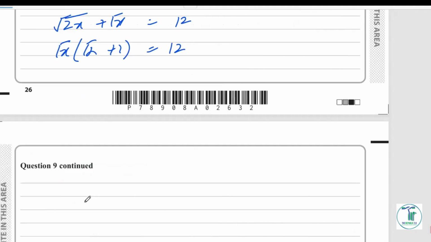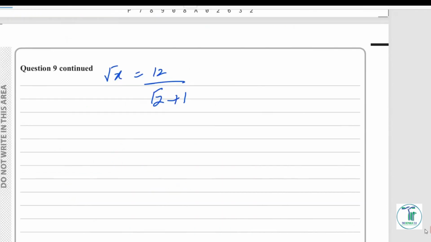Now we need to divide on both the sides. So under root x must be equal to 12 divided by under root 2 plus 1. Now, if you remember, we cannot really have the square root in the denominator. So what I'm going to do, I'm just going to rationalize it. I'm going to multiply by under root 2 minus 1 divided by under root 2 minus 1.